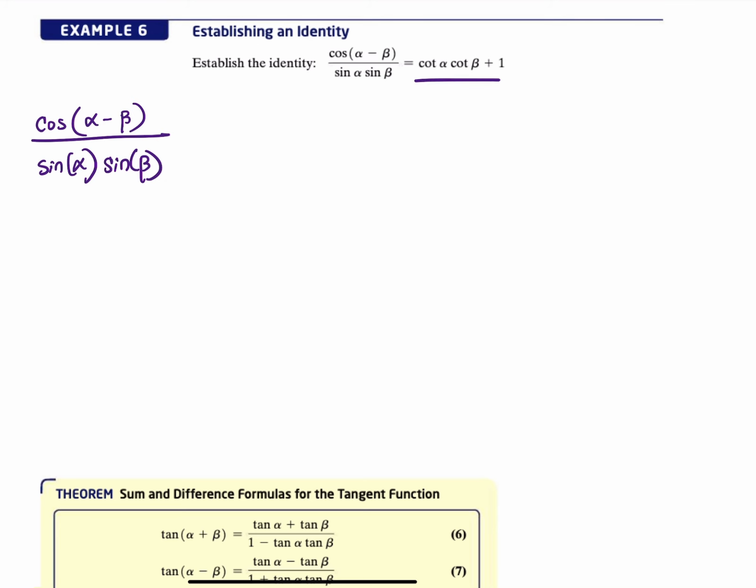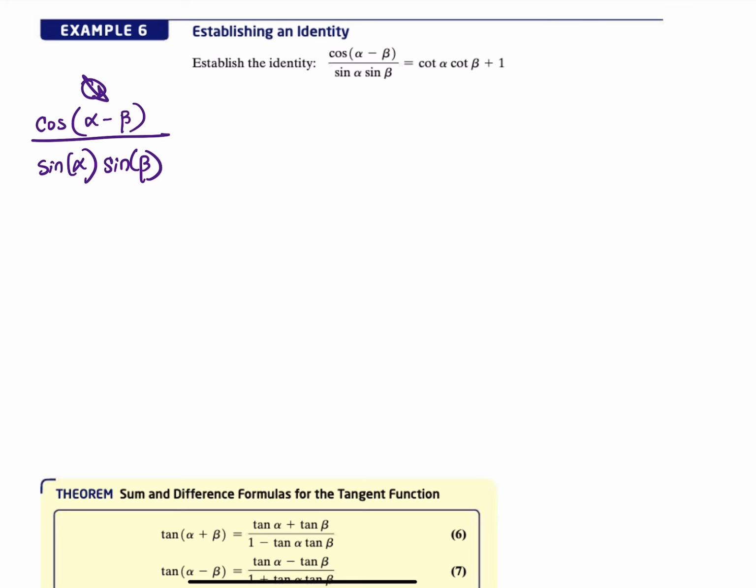We're saying that this should be equal to the cotangent of alpha times the cotangent of beta plus 1. So let's see how we can get there. Well, let's start by just expanding things out because we don't end up with any angles that look like alpha minus beta.